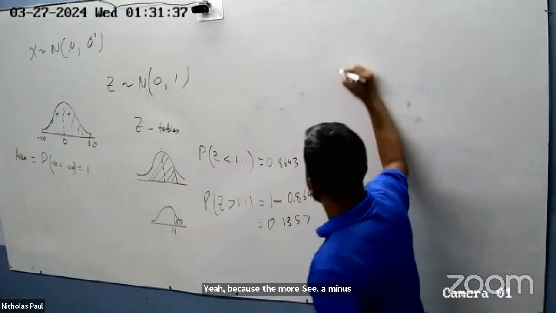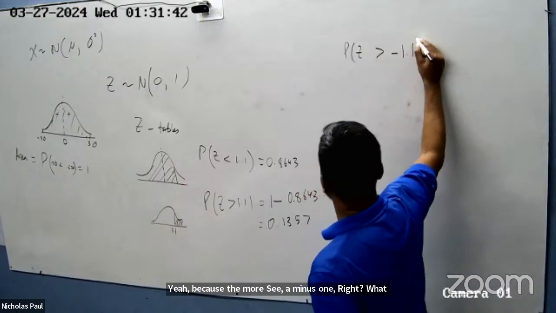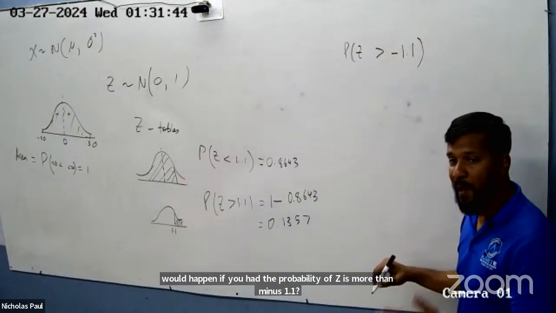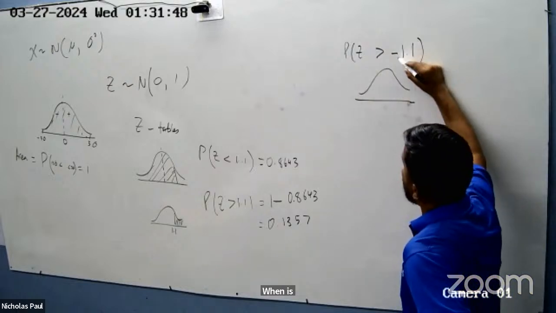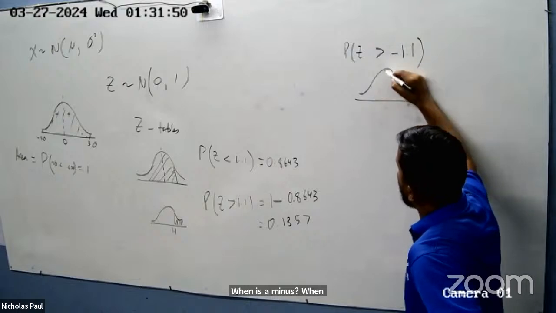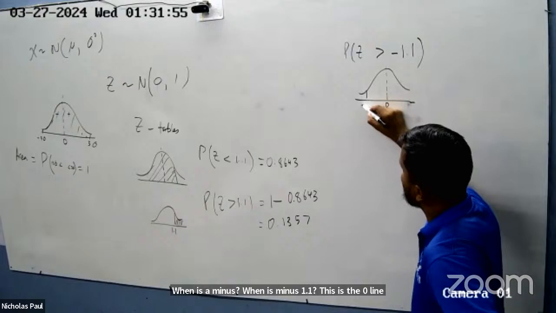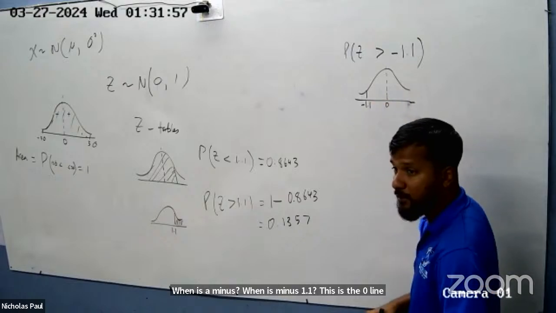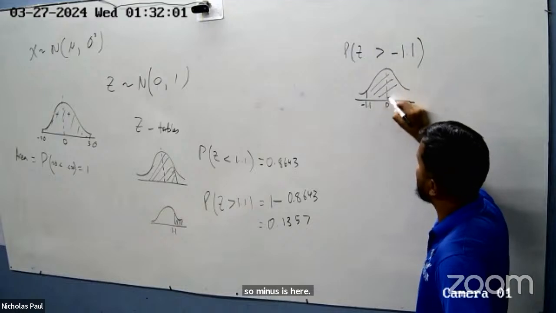What would have happened if you had the probability of Z is more than minus 1.1? When it's a minus, you have to remember this. When it's minus 1.1, this is the 0 line, so minus is here. So more than minus 1.1 is all of this.